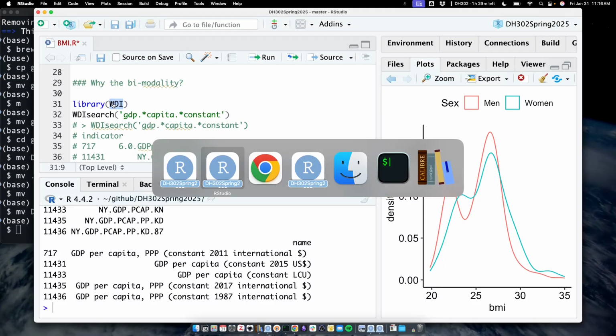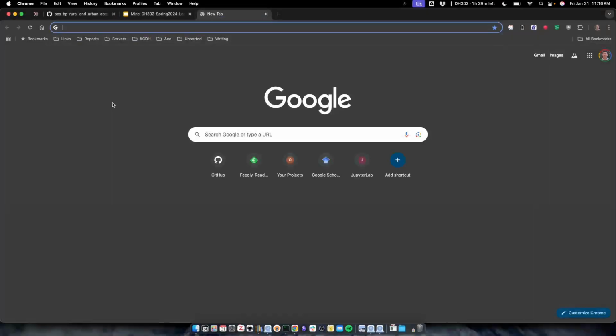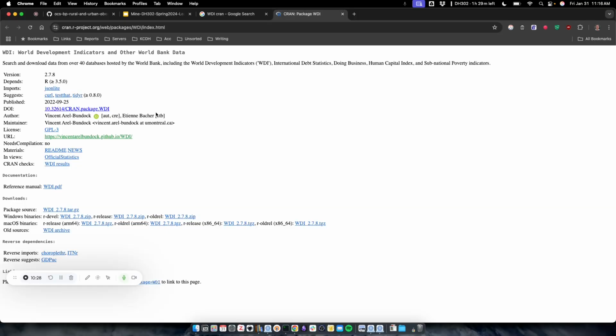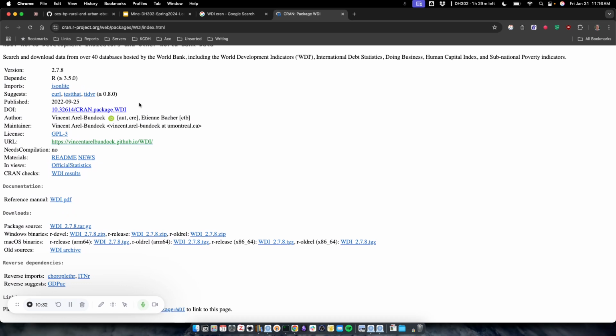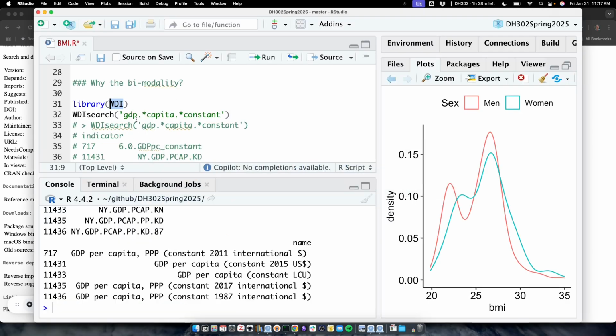WDI is a package that has the World Development Indicators stored. It allows you to search any index that the World Bank puts out there and query it. If your hypothesis is that it has to do with the income status of the country or some socio-economic factors, we should be able to bring it into our data and search it. That's what I did.